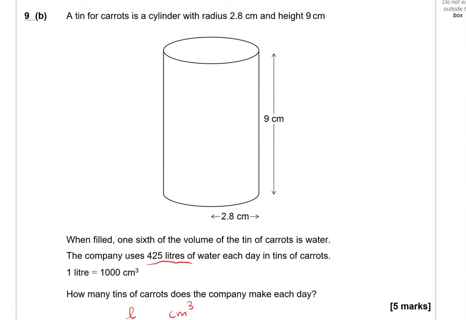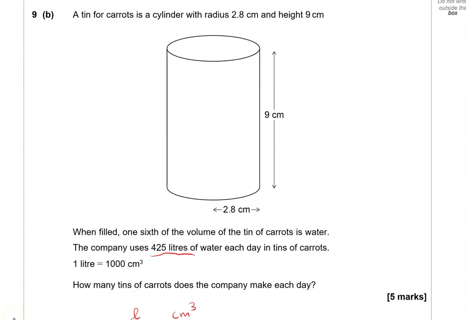The volume of the tin: we've got the radius being 2.8 centimeters. So we'll use that to work out the area of the base. Pi r squared is the formula for the area of a circle, and we'll multiply the answer by 9 to work out the volume of the cylinder.